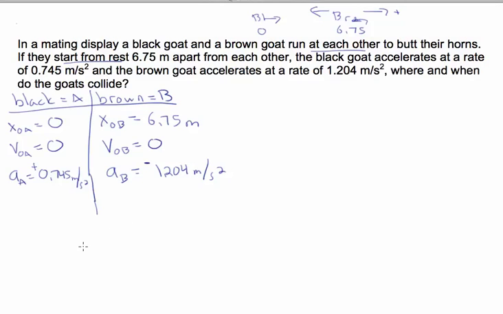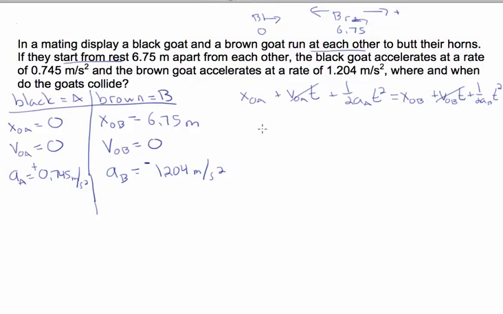So now we can plug into our equation, and the derived one we used last time, in order to find out when they meet. So because we know these are 0, we know that we don't even have to really consider that variable. And we know that this is also 0.